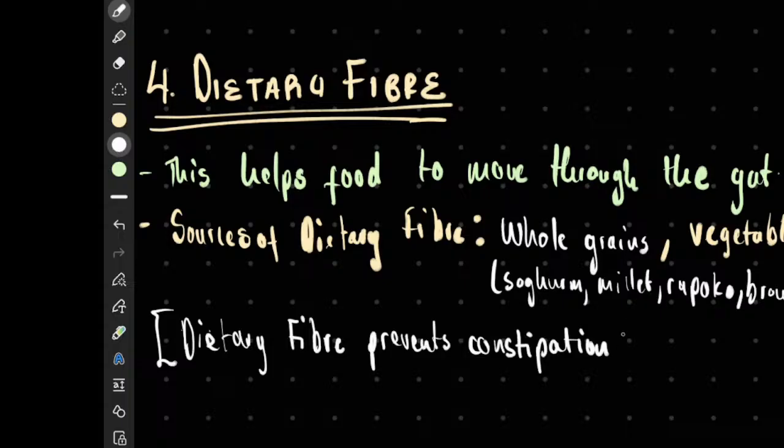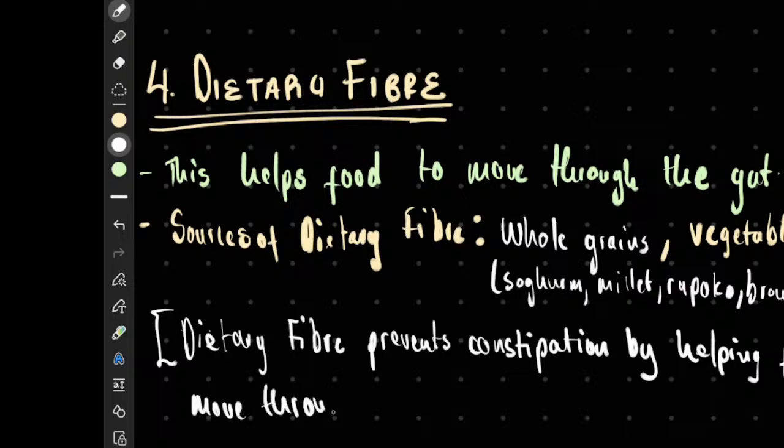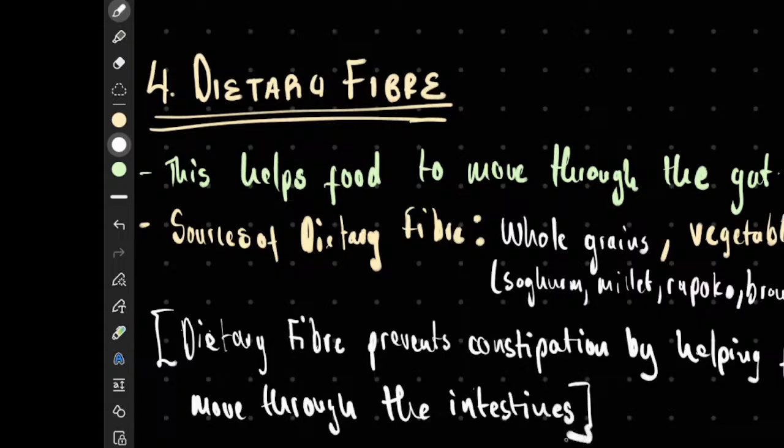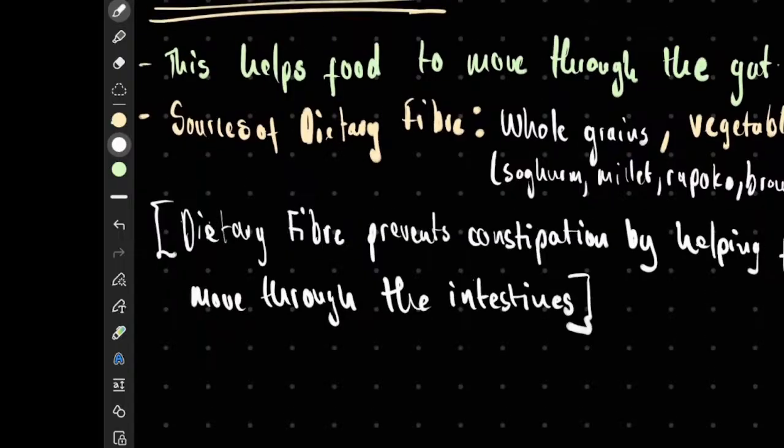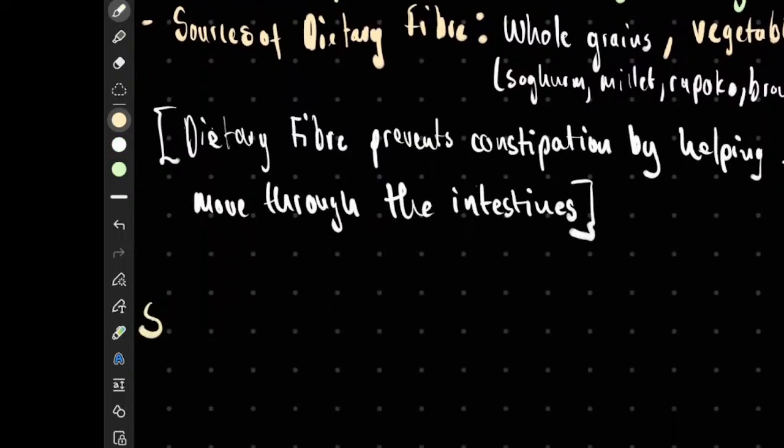Okay, it prevents constipation by helping food to move through the intestines. It helps food to move through the intestines. That is why we love dietary fiber. You must know about it as well. Then we go to number 5.